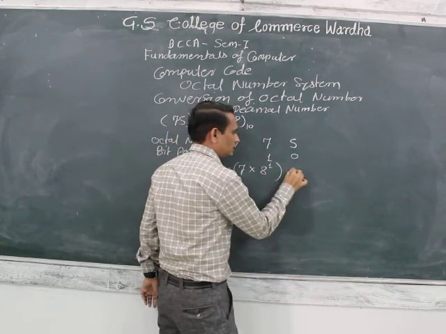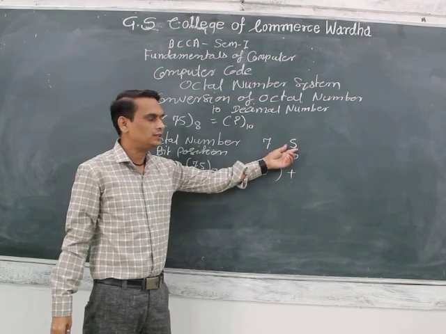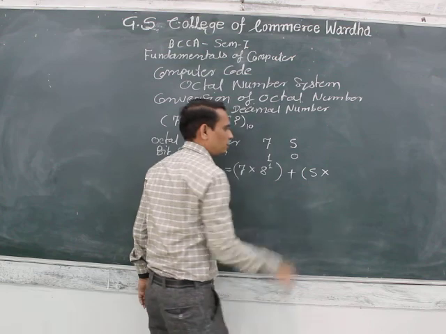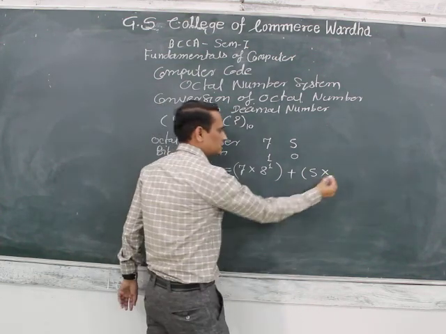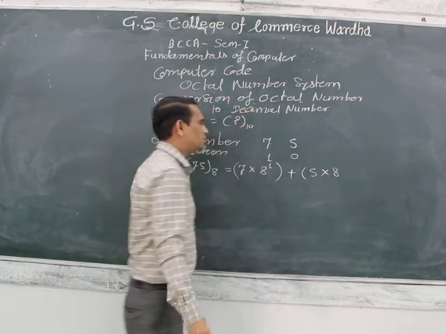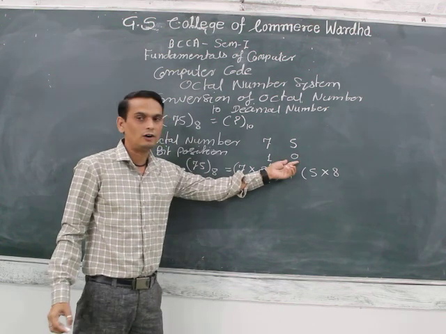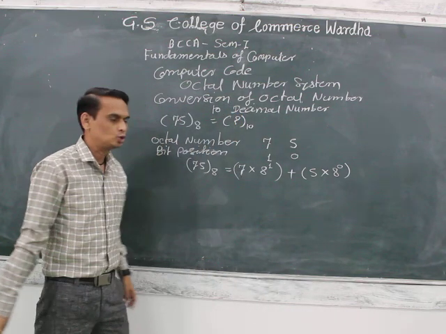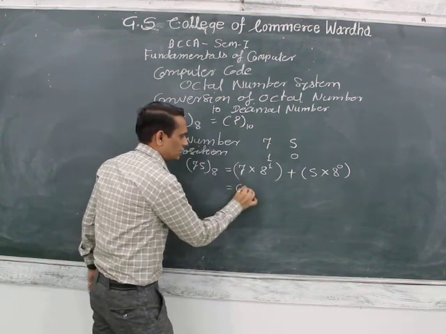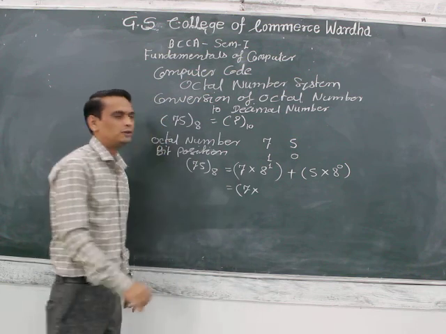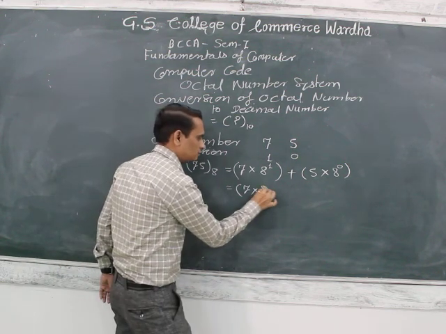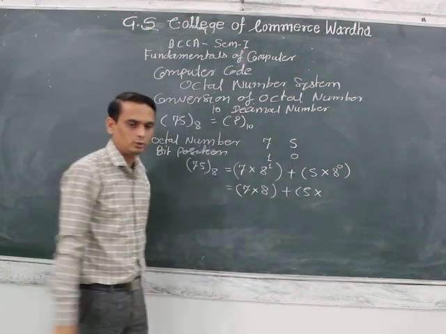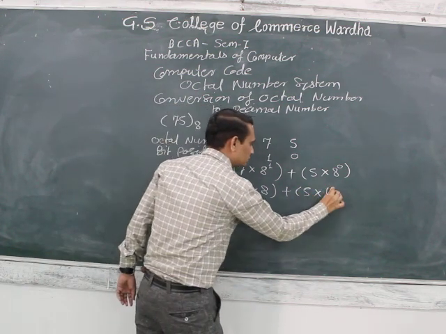plus the second digit, which is 5, multiplied by again the base of octal raised to the power of the bit position of 5, that is 0. So the valuation is 7 multiplied by 8 raised to power 1, which means 8, plus 5 multiplied by 8 raised to power 0, that is 1.